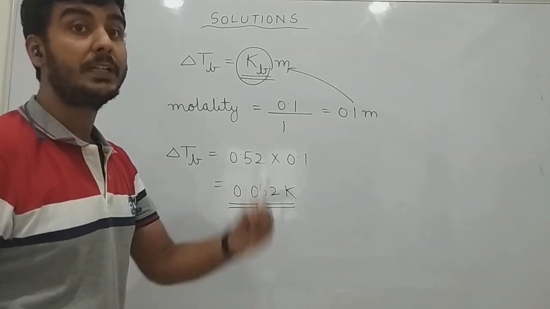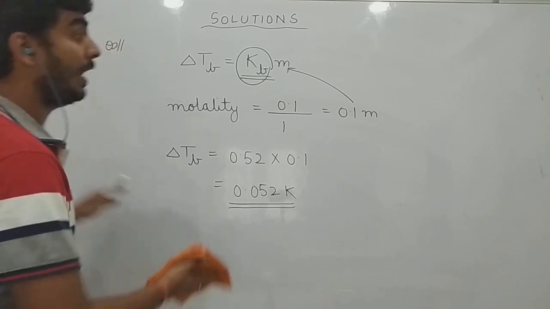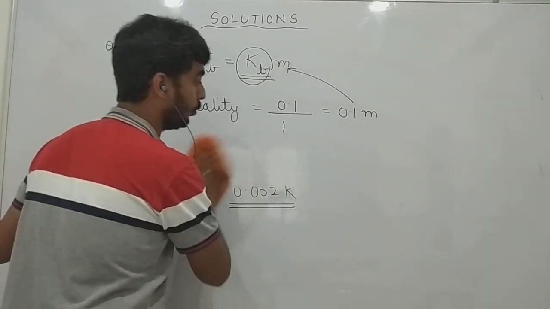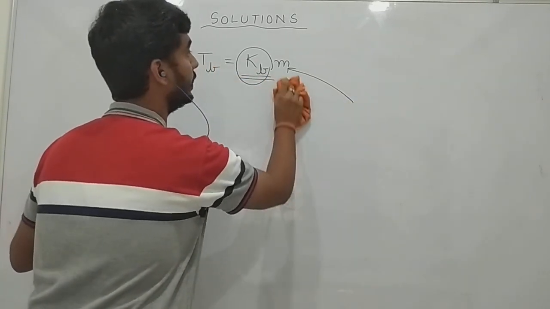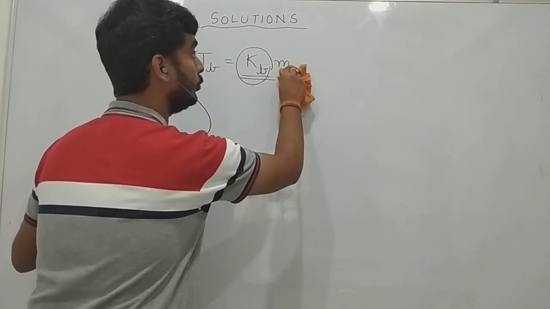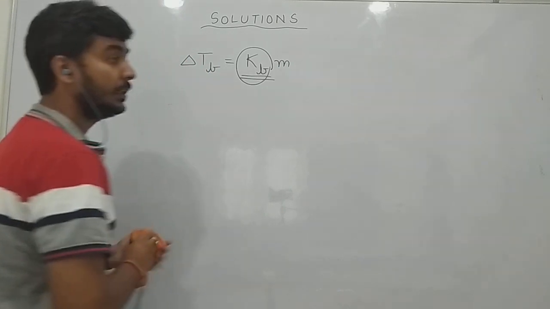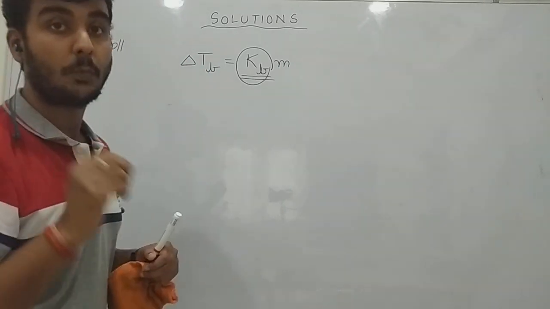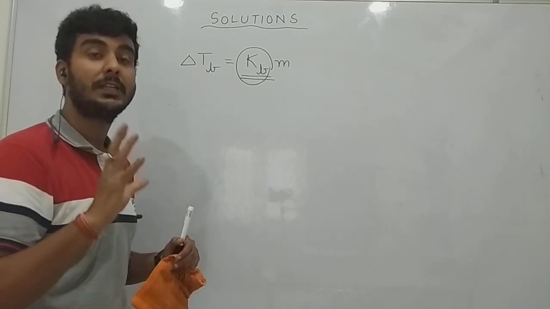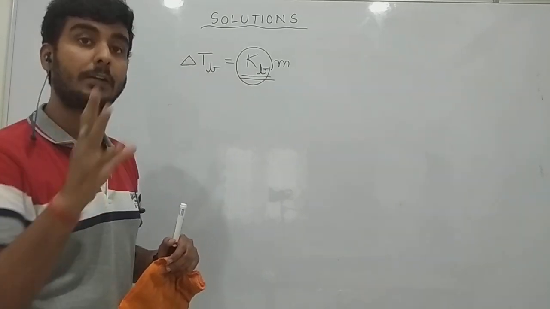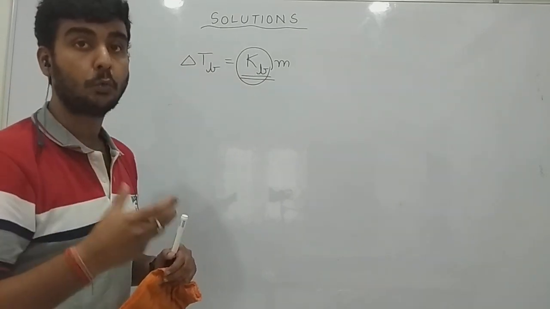So what will be the new boiling point? You have not been provided the boiling point of the pure solvent, that is water, in the question, but you know the boiling point of water at 1 atmospheric pressure is 100 degrees centigrade. Sometimes this type of data is not given, you have to know this.